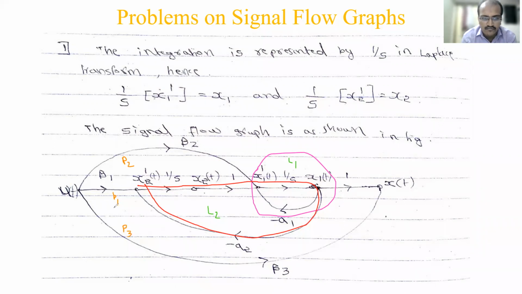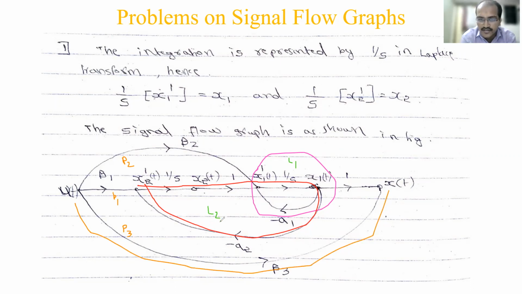So for path 1, both loop 1 and loop 2 are touching. So that's why delta 1 value is 1. For path P2, again both loops are touching at this point and this point. That's why delta 2 value is also equal to 1. But what about delta 3 here? So this path P3 is not touching both loop 1 and loop 2.